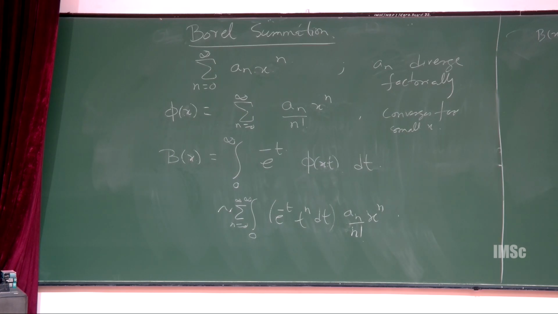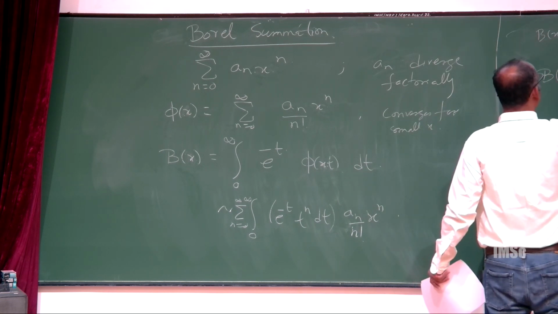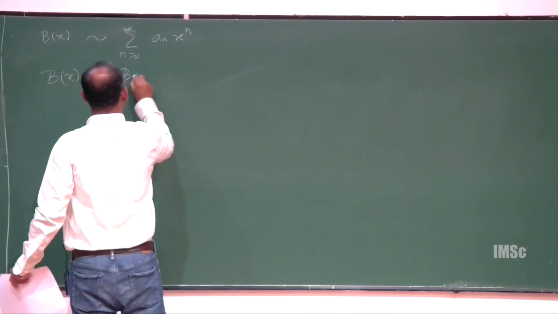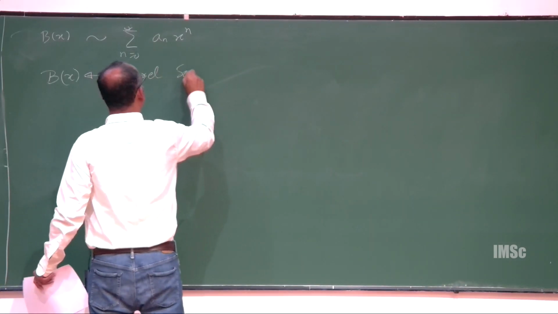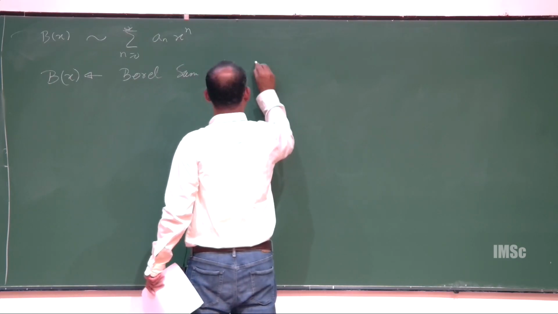Okay. So this is called Borel sum. So B(x) is called the Borel sum of this series.